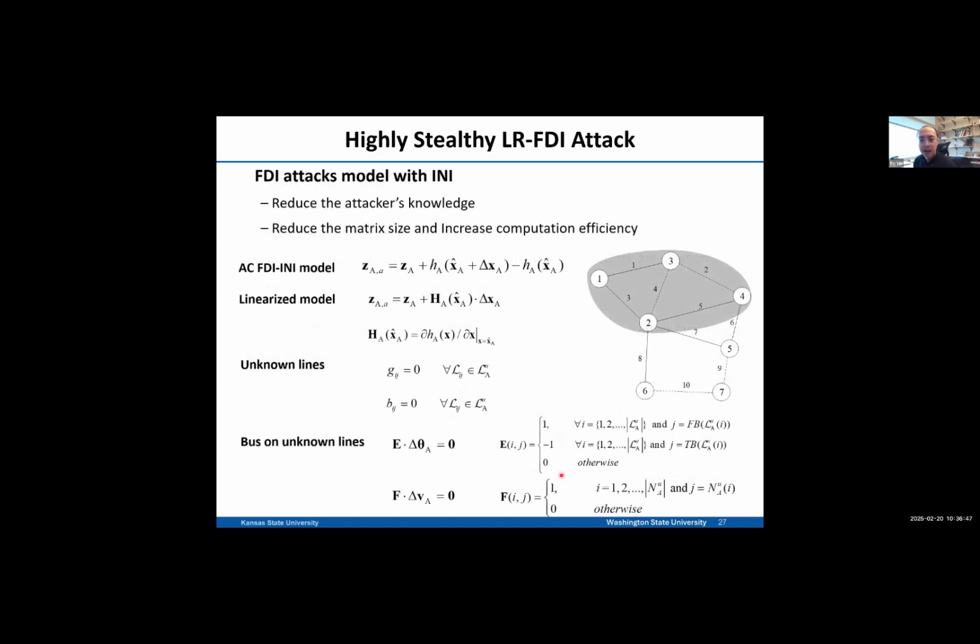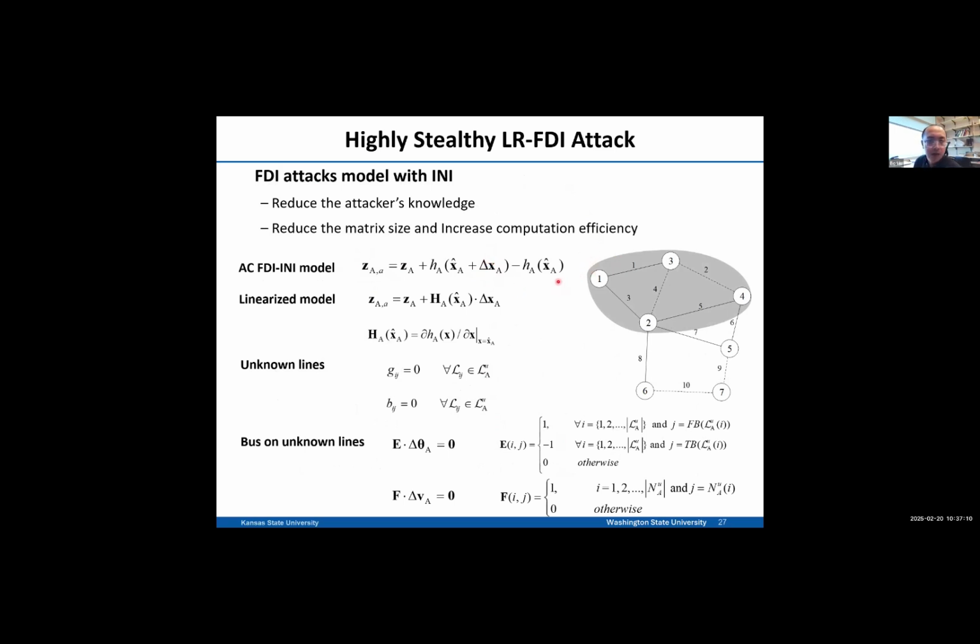So after we specify the attacker's knowledge, we mathematically derive the model of AC FDI attack under the INI condition. This model provides the attacker with a mathematical model to construct malicious measurements, ZA, using the voltage bias delta XA under the INI condition.